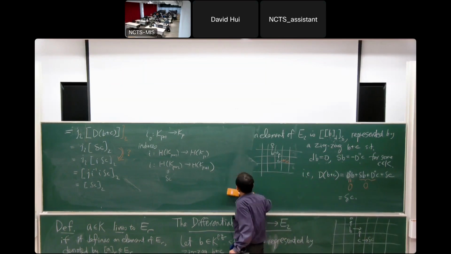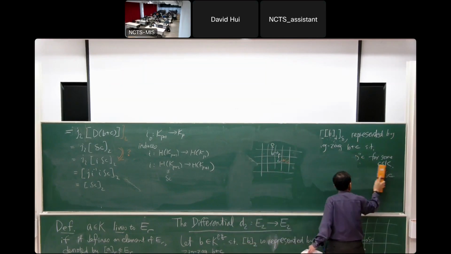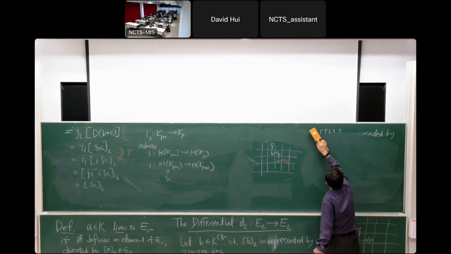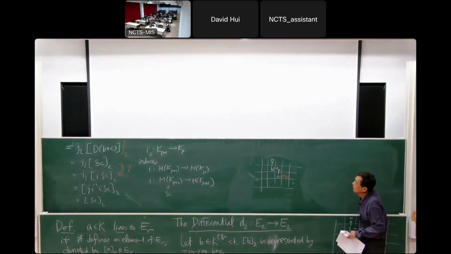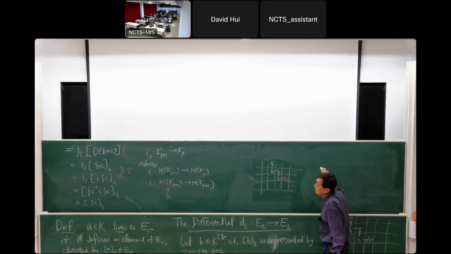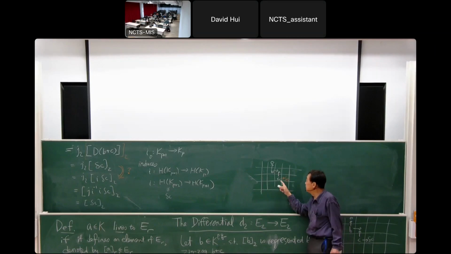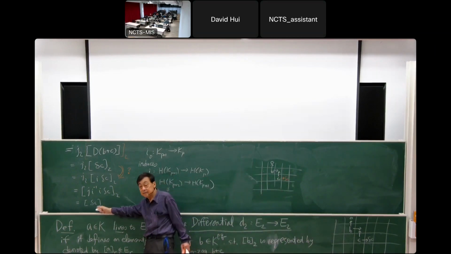Let me state that as a theorem. But you see, this C is not unique, so we need to check that if you choose a different C, you get the same class of delta C.